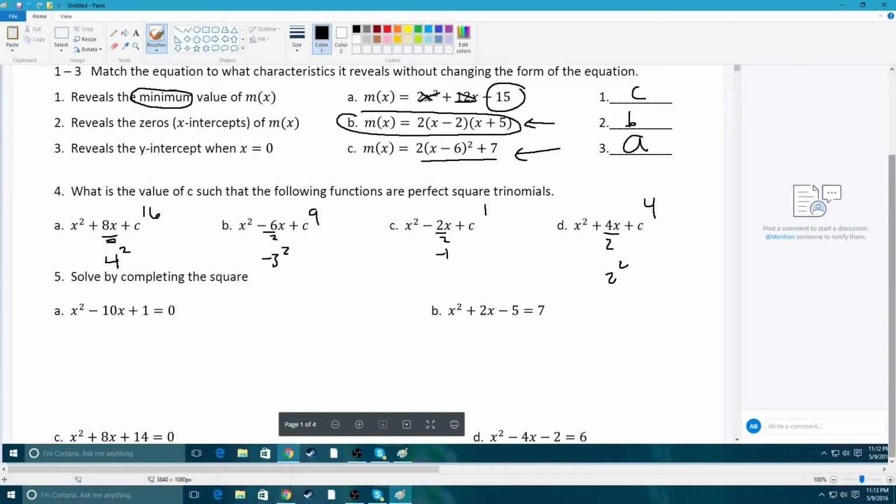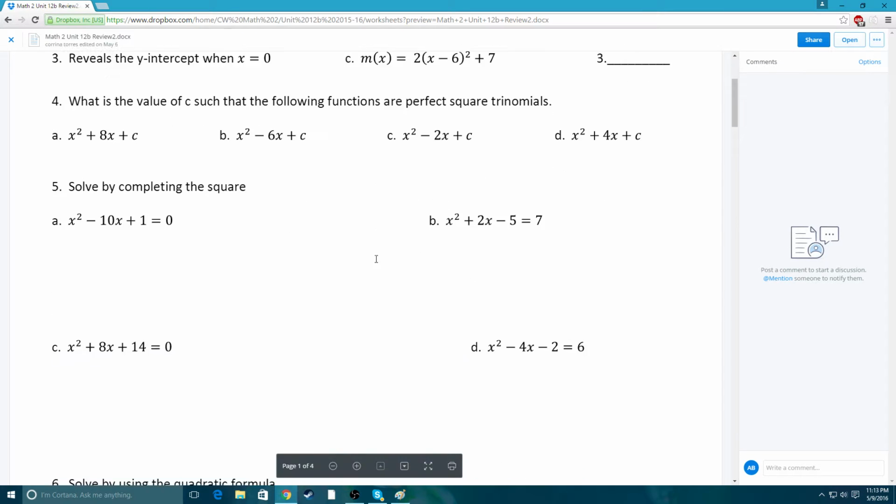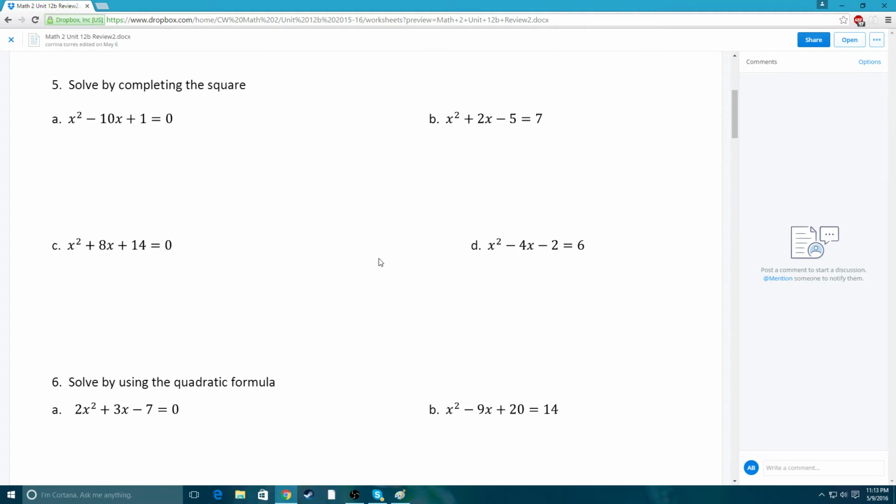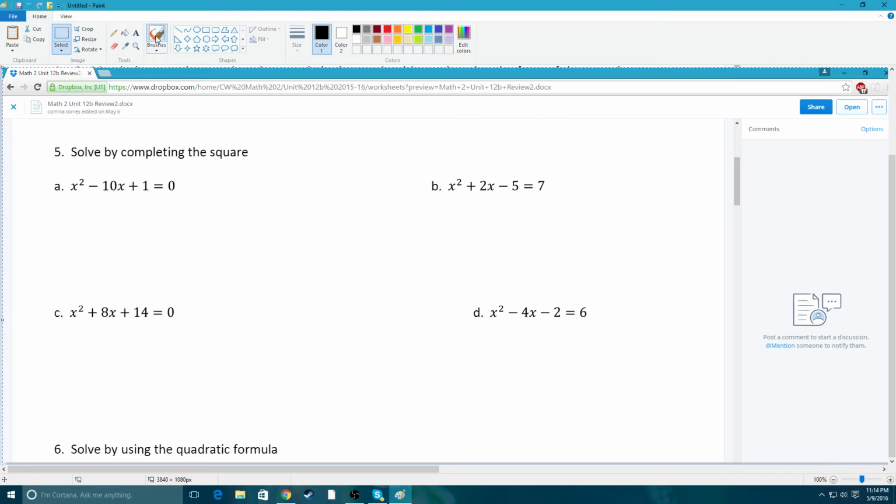So, solve by completing the square. Here we go. First things first, we're going to subtract 1 from both sides, so we get x squared minus 10x equals negative 1. Complete the square by dividing by 2. That gives us 5. 5 squared gives us 25, so you add 25 to both sides. So we get x squared minus 10x plus 25 is equal to 24.